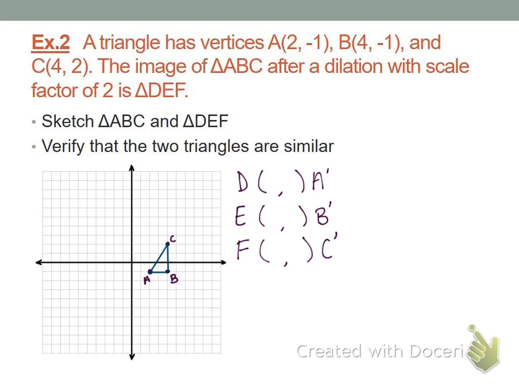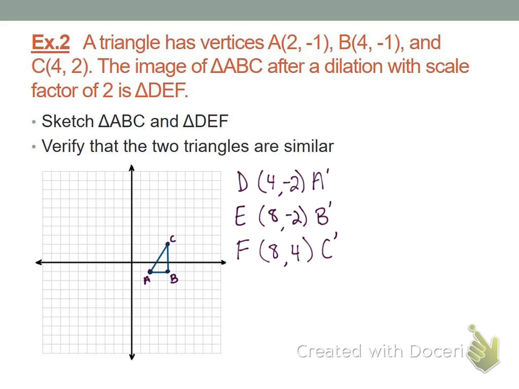If somebody said them, I could not hear. 4, -2. Very good. What about B prime or point E? 8, -2. And F? 8, 4.